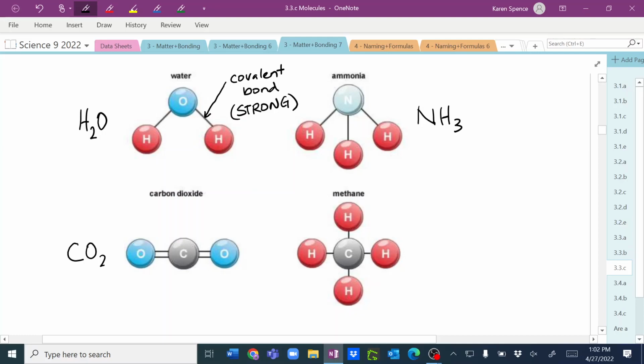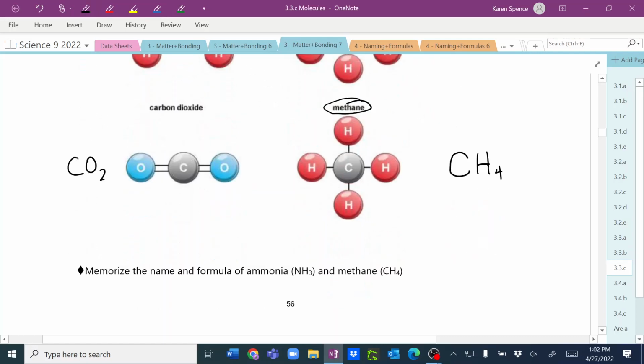Tell your partner, what's the formula for methane? This one here. C and then H4. You don't have to worry about what order they go in yet. If you said H4C, that's fine.